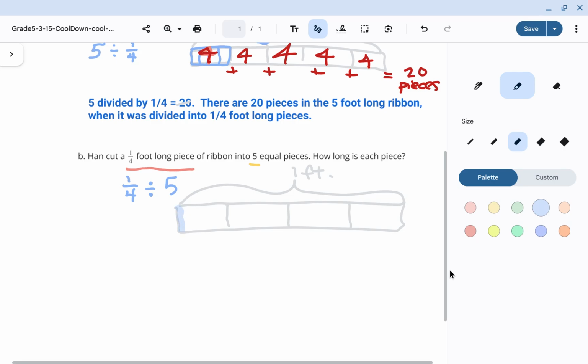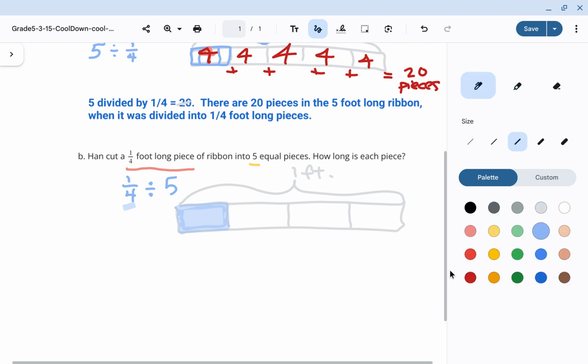So I'm going to go ahead and highlight this, and I know that this represents the whole thing that was being broken up. I see that in blue, I have 1/4 of that whole ribbon, 1/4 of the foot. Now, this blue piece is going to be further divided, right?